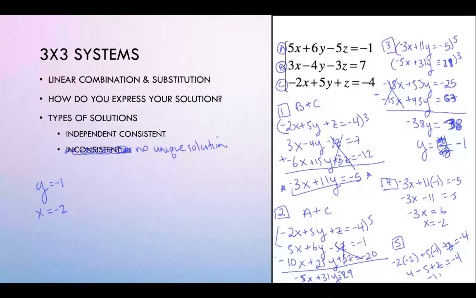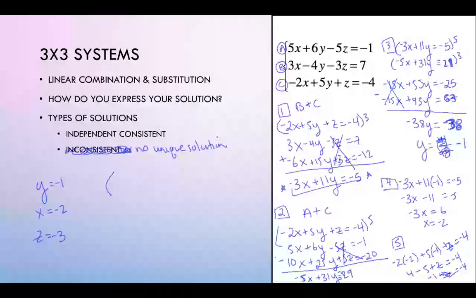Negative 1 plus z. Come on, computer, you can make it. It's like another 2 minutes. Equals negative 4. Add 1, and I get negative 3. So I got z equals negative 3. Negative 1 plus z equals negative 4, and then when you add 1, I get negative 3.